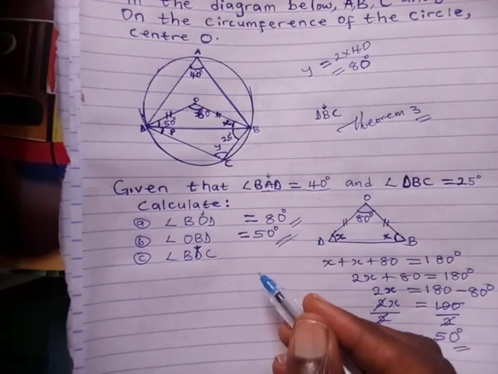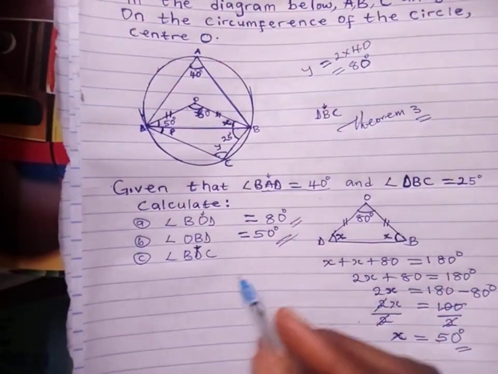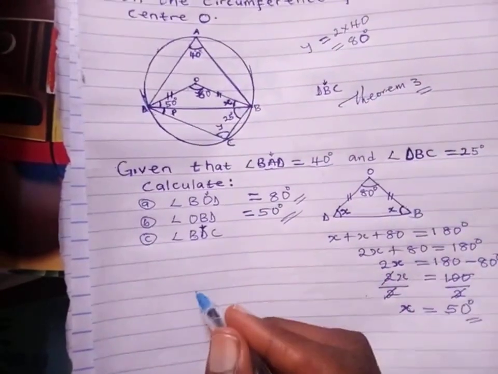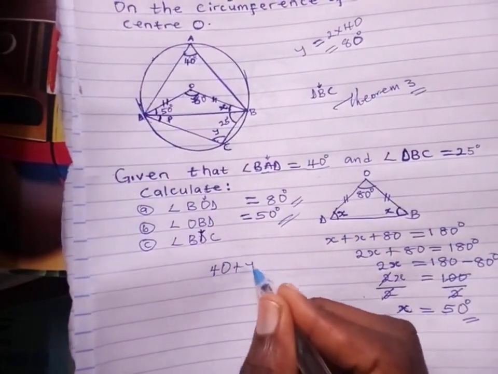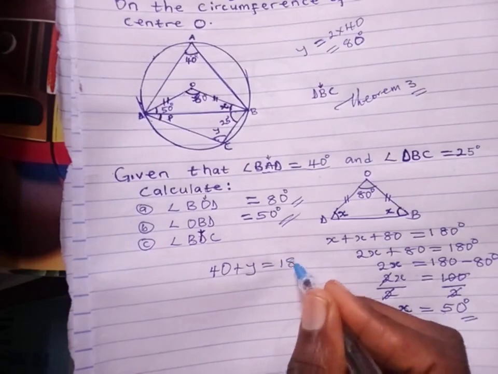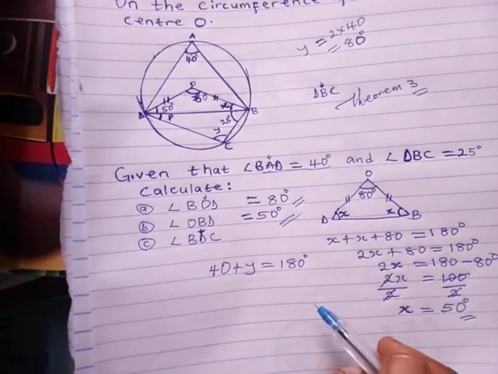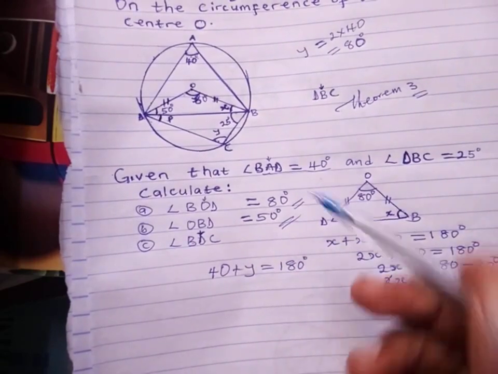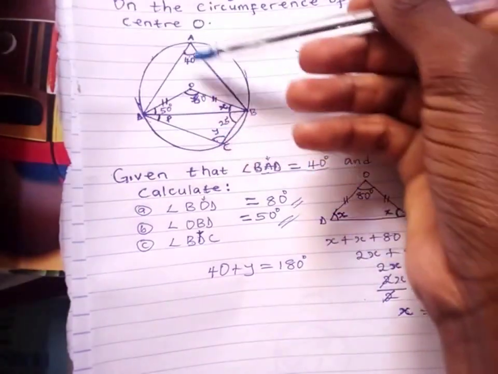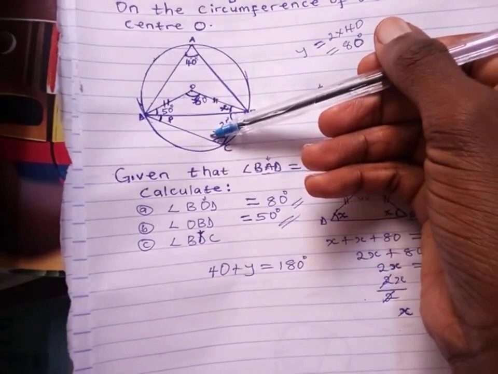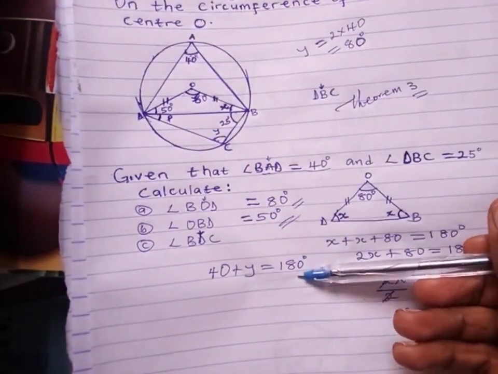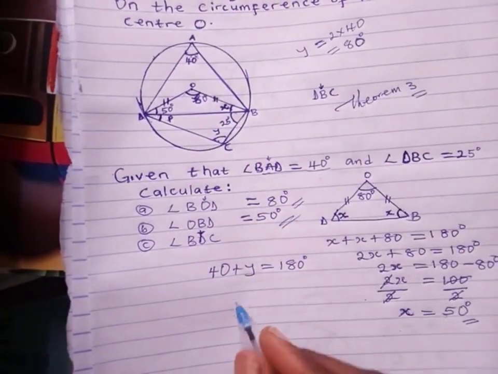So following the theorem of cyclic quadrilaterals, it means that 40 plus y is equal to 180 degrees. Remember, the theorem again says that the sum of the opposite angles in a cyclic quadrilateral is equal to 180 degrees. So we can easily find our y.